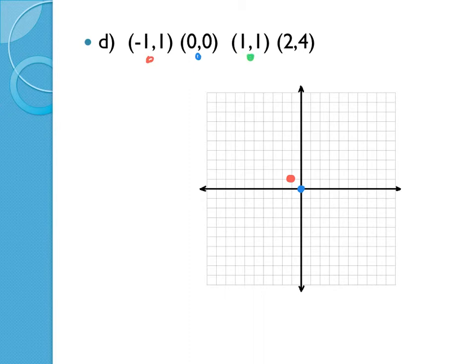Next is 1, 1. Immediately, you should probably see what this is supposed to be. What do we think without even grabbing the next point? It should be a quadratic. Anytime it goes down and then back up, it's going to be a quadratic. And 2, 4 kind of further lets us know. Quadratic.